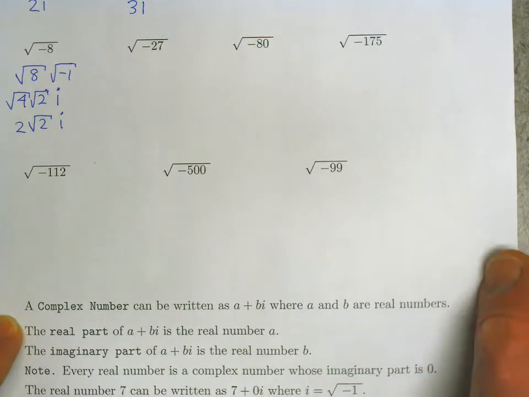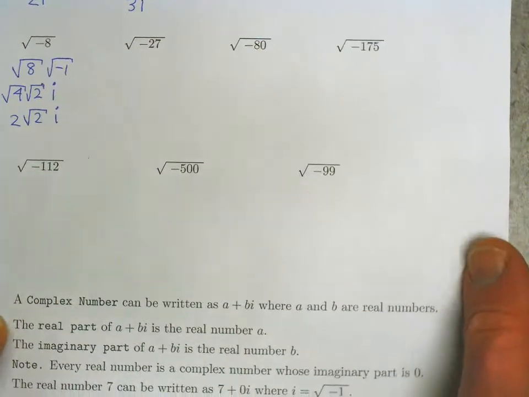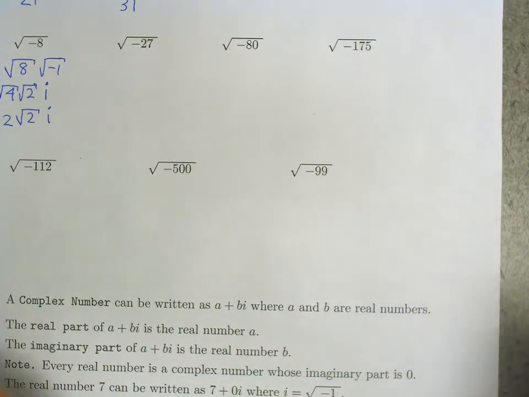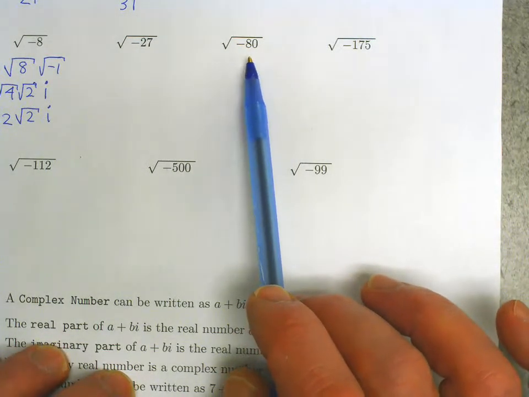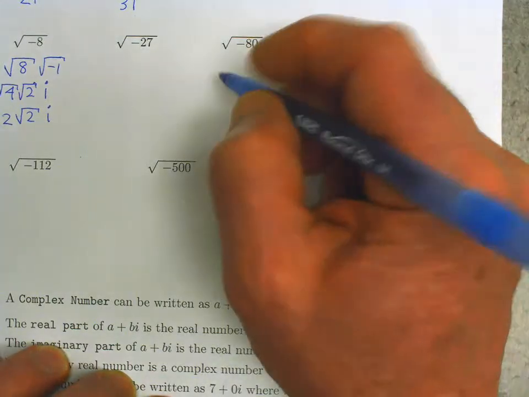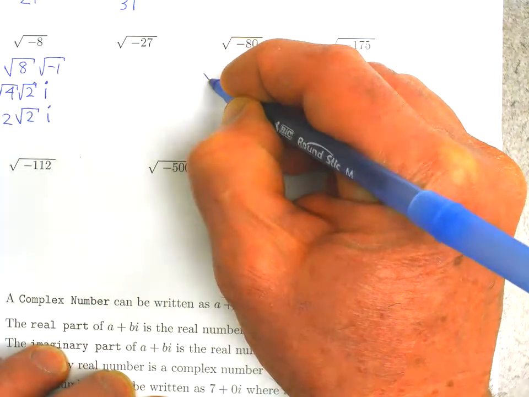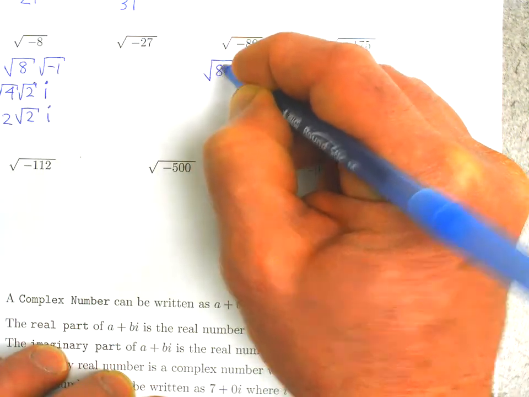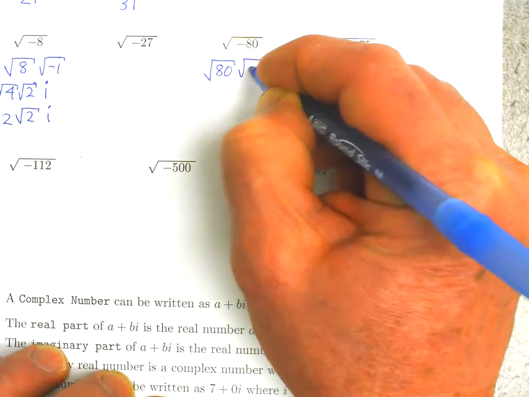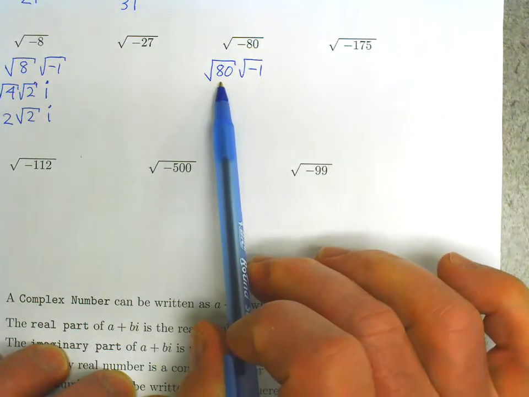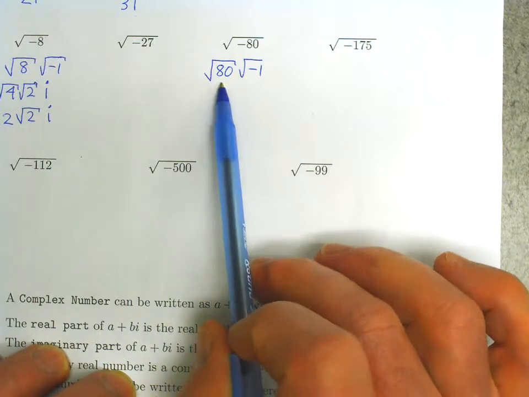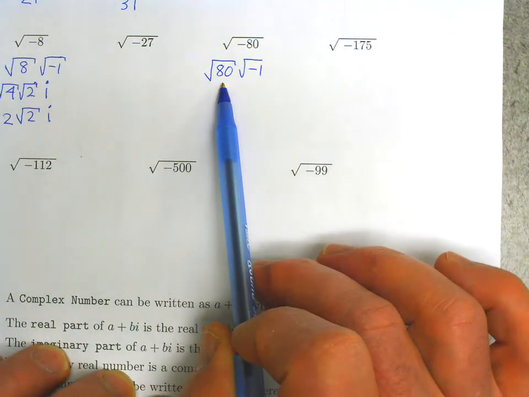Okay, let's do a couple more examples. Let's try the square root of -80. Well, you know how to think about that. Think about that as the square root of 80 times the square root of -1. The largest factor of 80 that's a perfect square is 16. 16 times 5 is 80.